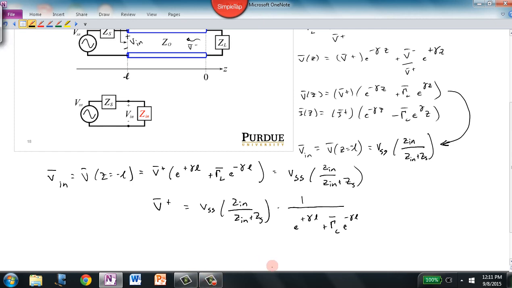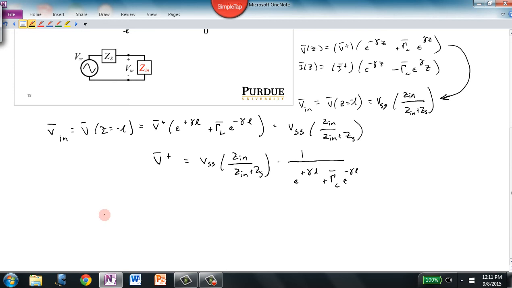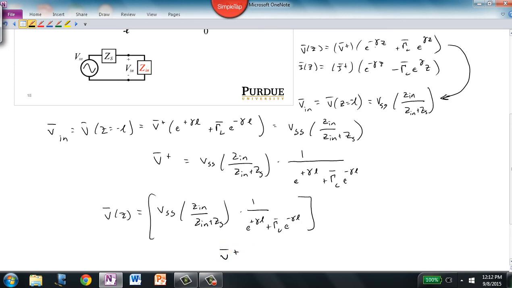So if we were to plug this back into this equation, where we're trying to get to is that V of z is equal to V bar plus, which is just V_SS Z_in over Z_in plus Z_s times 1 over e to the plus gamma L plus the reflection coefficient at the load, e to the minus gamma L. All this term represents V bar plus, and then we multiply it by e to the minus gamma z plus the reflection coefficient at the load, e to the plus gamma z.